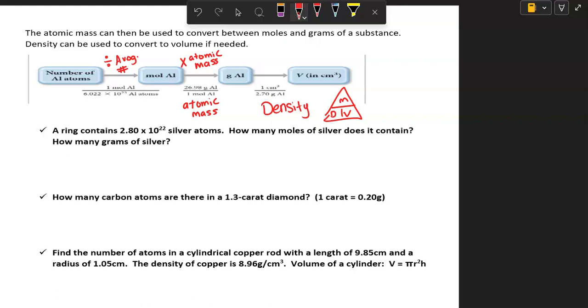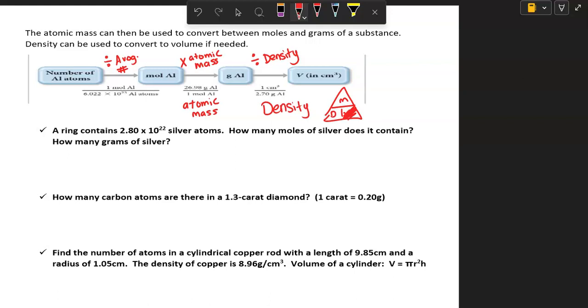So in this case, it has 1 cubic centimeter over 2.70 grams of aluminum. That's the density of aluminum. So it's telling you to divide by the density to go from grams to volume. And again, if we did our trick with the triangle here, mass divided by density is volume, which is what this is telling us to do.